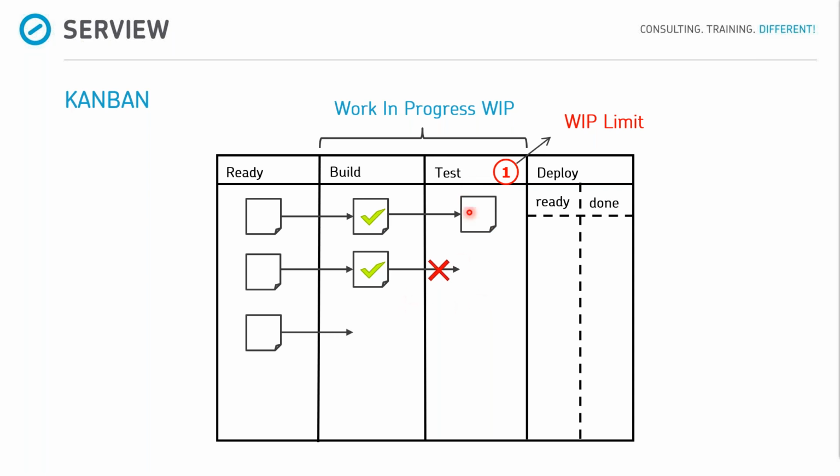You can't pull other tickets in that column. So you will see that here maybe we have a jam. And to prevent that and to optimize the process, we work with a work in progress limit. And to show where we have a risk, where we can optimize our workflow. Maybe we need more testers, for example.